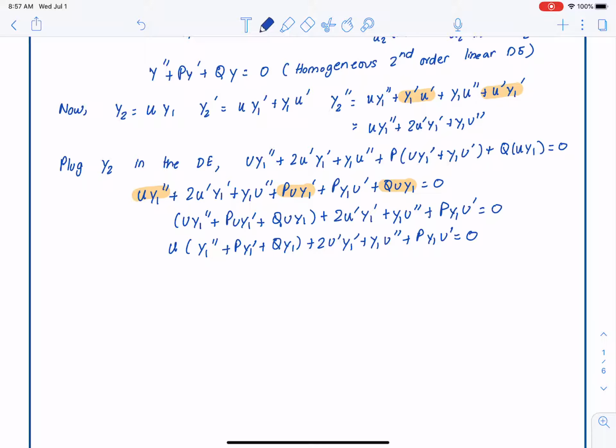Now, that term would become 0 because y1 is a solution, so when I plug in y1 here, it must become 0. So that would imply u times 0 plus 2u prime y1 prime plus y1 u double prime plus p y1 u prime equals 0. So we reduce it and have it in this form.